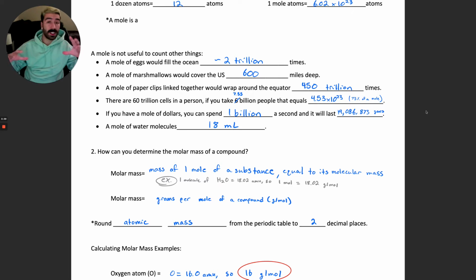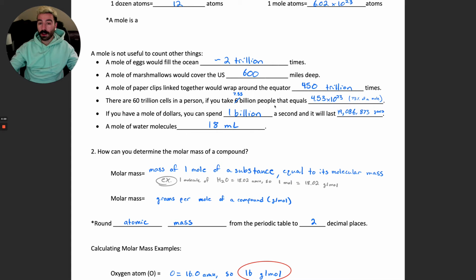So if there are 60 trillion cells in a person, again, approximating here, and you'll see here that it says 6 billion people, and I've made that 7.5, just because I like to see that we've had 1.5 billion more people since this worksheet was initially made, or since these notes were made.